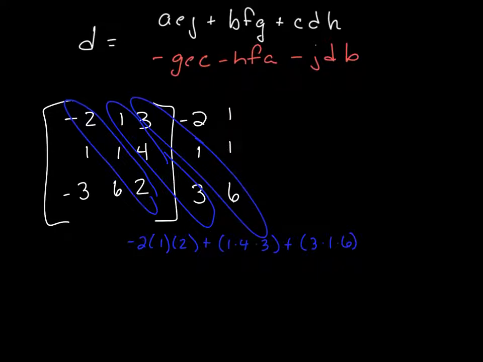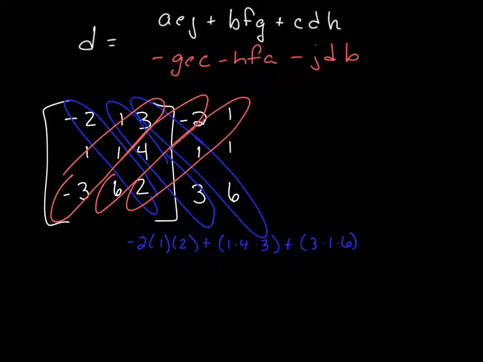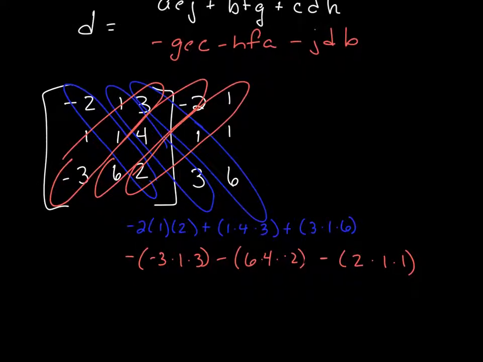Now I go through and I subtract going the opposite direction. So I am subtracting negative 3 times 1 times 3, 6 times 4 times negative 2, and 2 times 1 times 1.